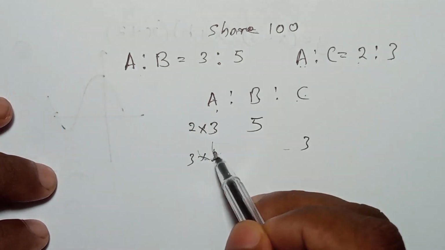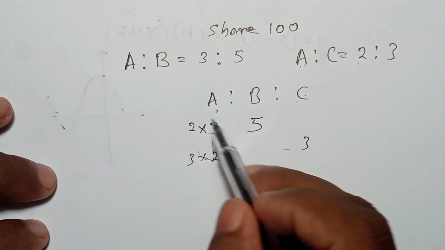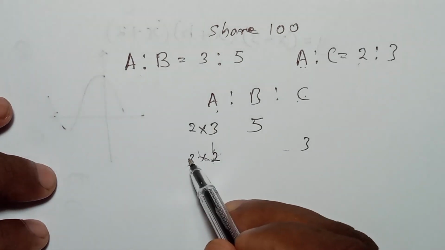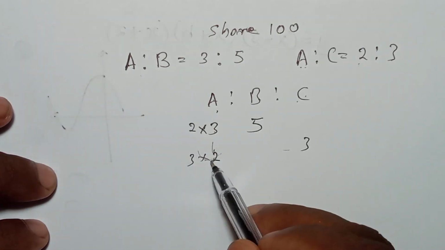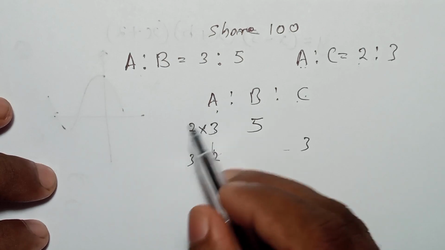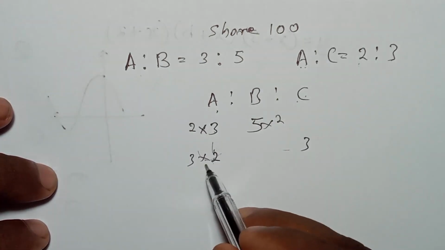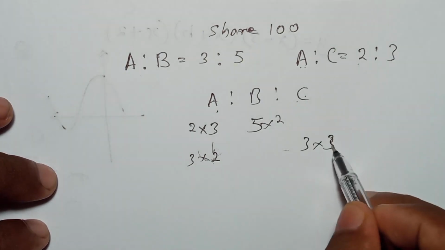Now here 3 and 2 are not the same. So I need to multiply this one by 2, then I get 6, and here I multiply by 3, then I also get 6. You can't multiply only this, so you need to multiply this also by 2, and if you multiply this one by 3, you need to multiply this one also by 3, right?